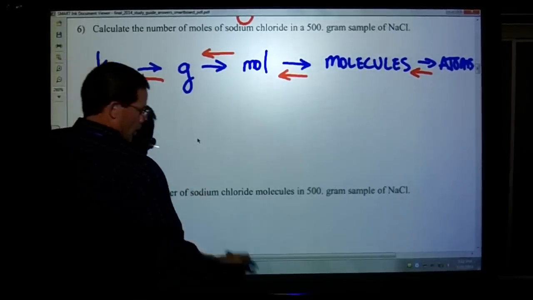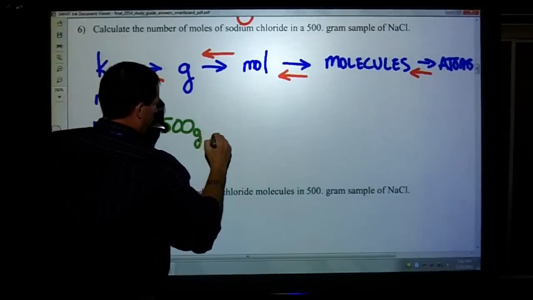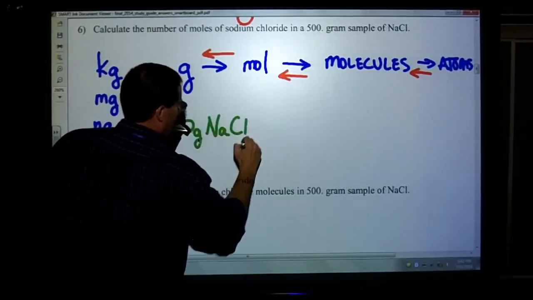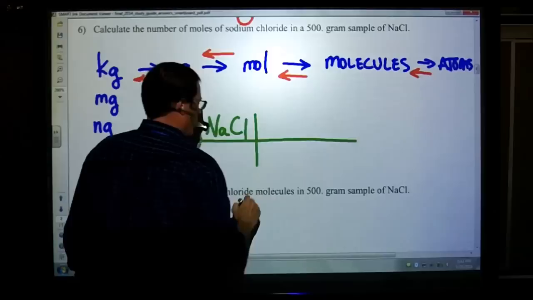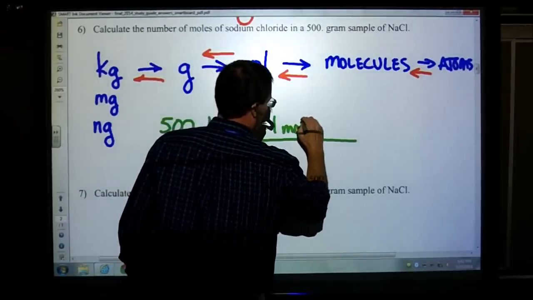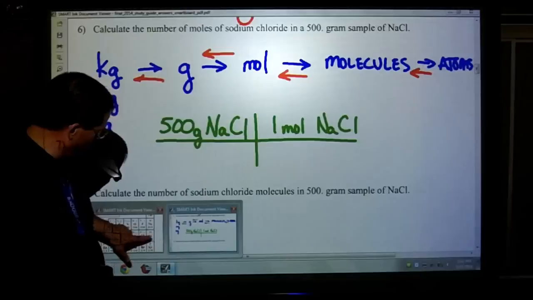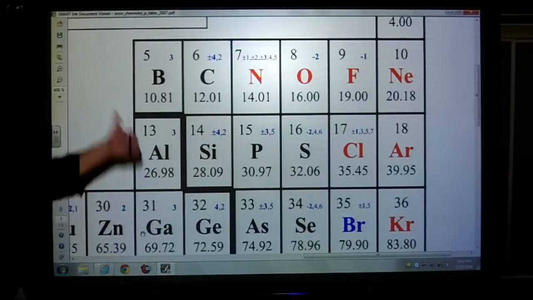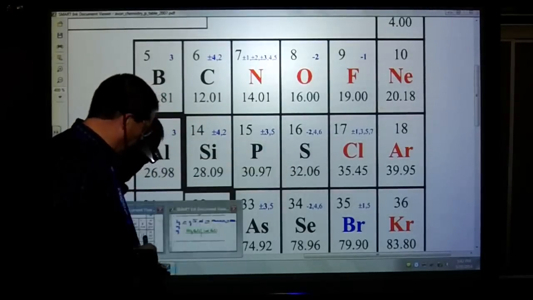Be efficient. So we have our 500 grams of sodium chloride. How do we know that? Because I gave it to you. And we're going to convert that into moles. So 1 mole of sodium chloride. Your molar masses, again, are on your periodic table for you. Sodium is 22.99 and chlorine is 35.45.